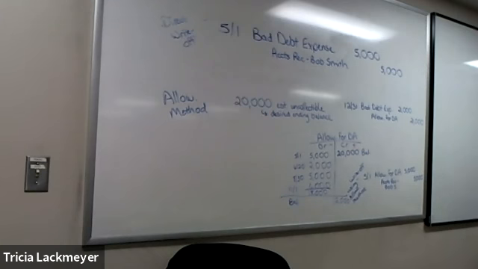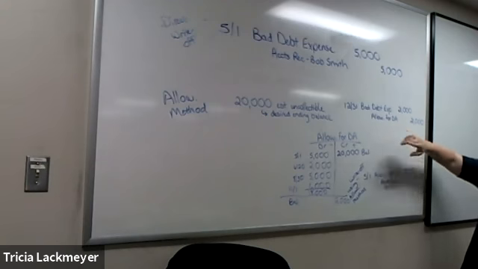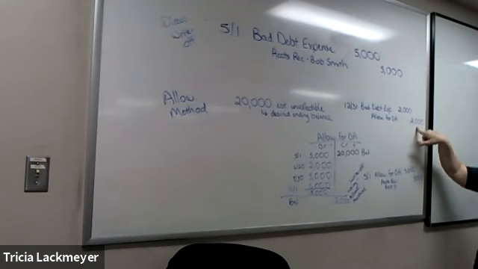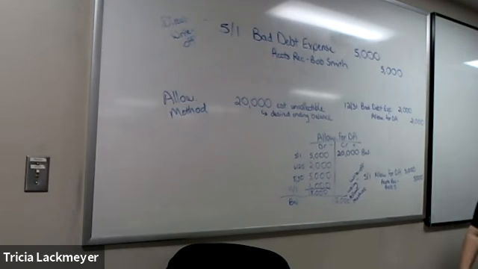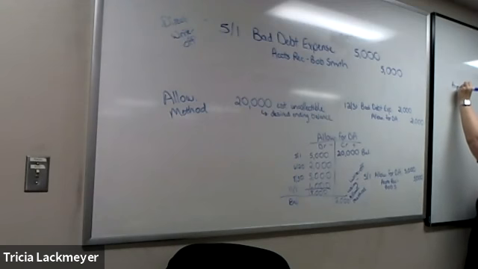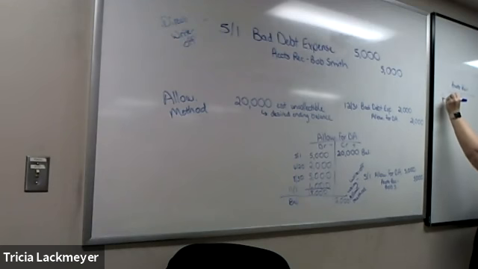When we're looking at the end of the year, say it's December 31st, accounts receivable has an ending balance of 300,000 debit.